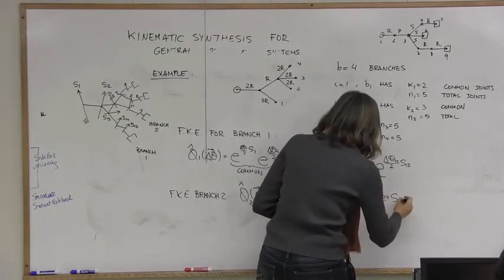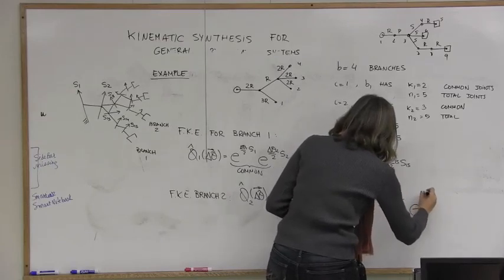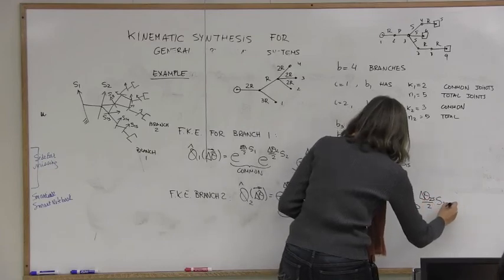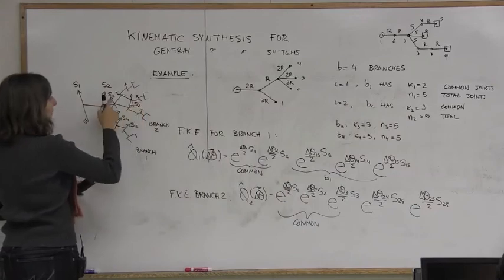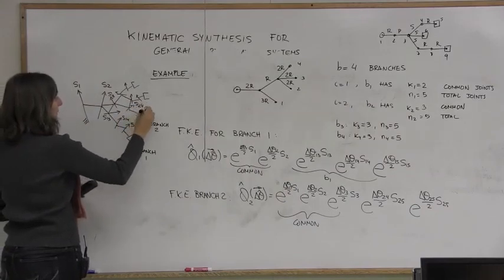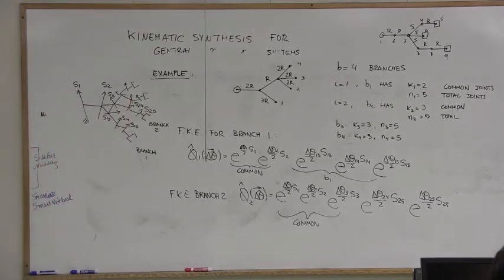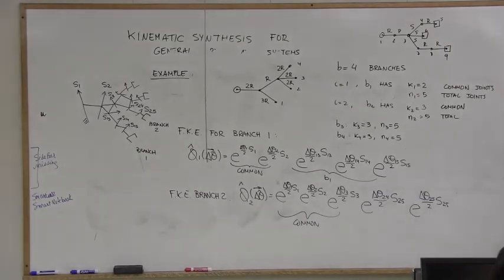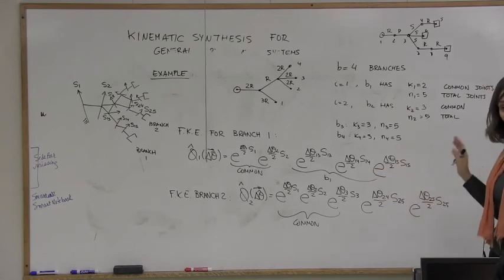S24. And exponential delta theta 25 over 2 S25. So branch 2 joint 4 and branch 2 joint 5. That allows us, looking at the last number here, to know how many joints you have in each branch, and it allows you to identify which ones are common and which ones belong to a given branch.